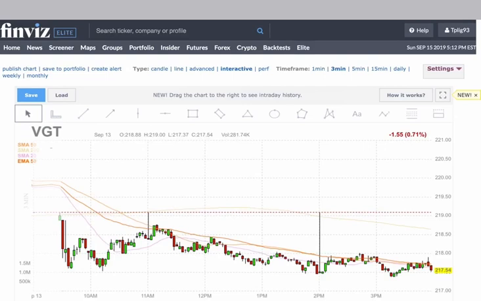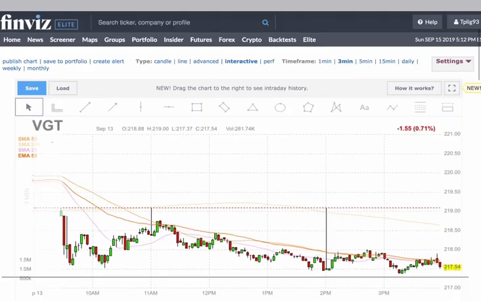So anyway, that second red candle after the open at 9:30 just drops down from $219 to nearly $218, nearly $1 in that candle. At the top of it is the start of that time frame.